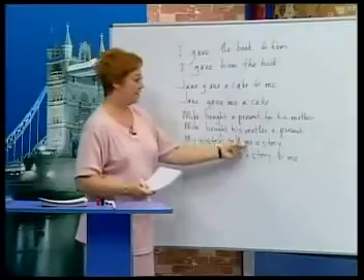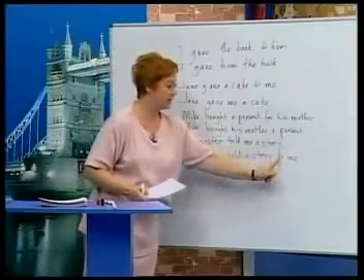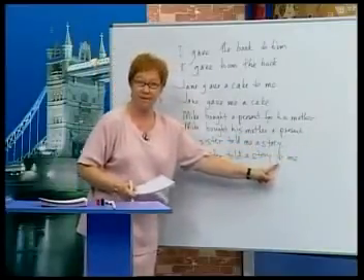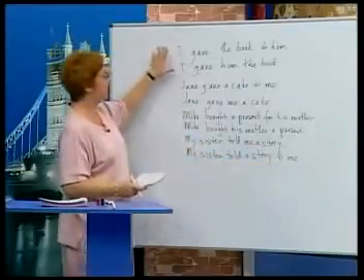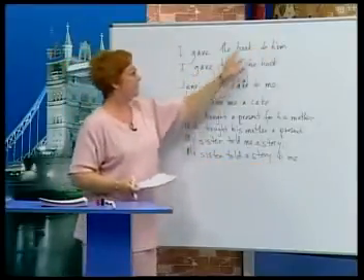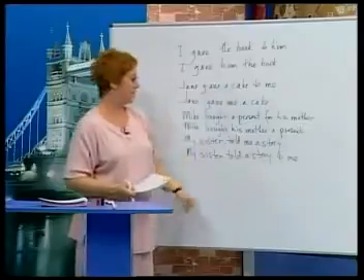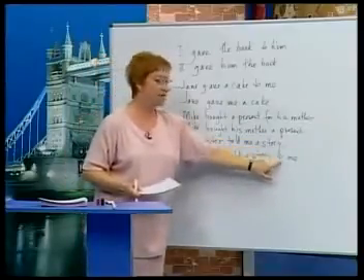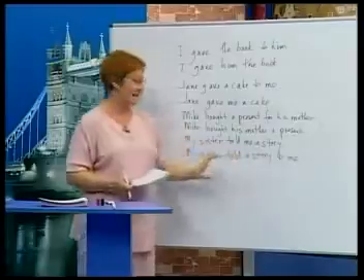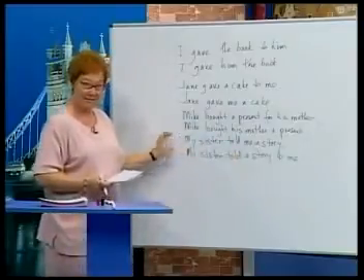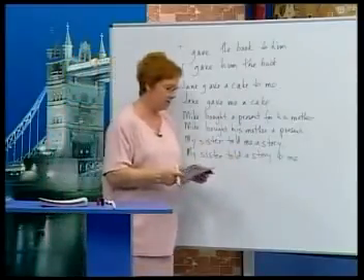Okay, so we take out "me," we move it here, and we put in "to." So you can see when we move it, we take out "to" or "for." When we move it this way, we put in "to" or "for." Same meaning. The meaning doesn't change.